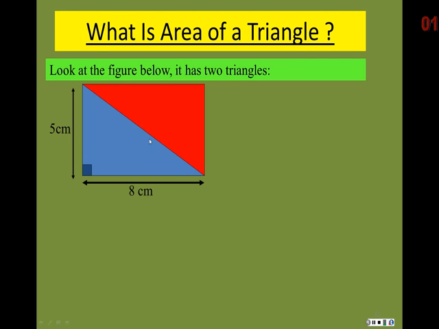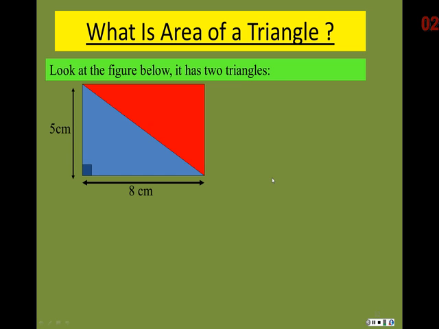No, if I combine these two, what figure is formed? It's not a square, it's a rectangle. The length and the width are different. It's a square when the length and the width are the same. So a rectangle is formed when I have two triangles.